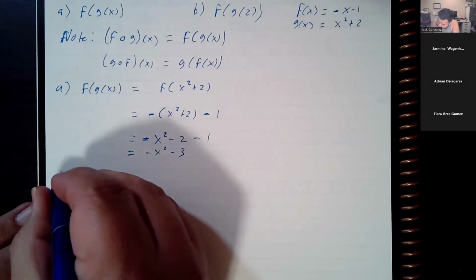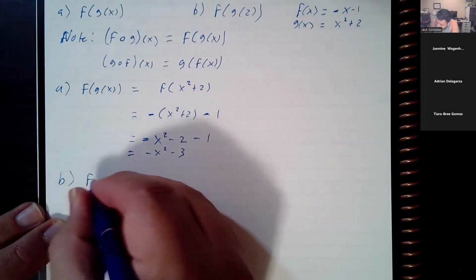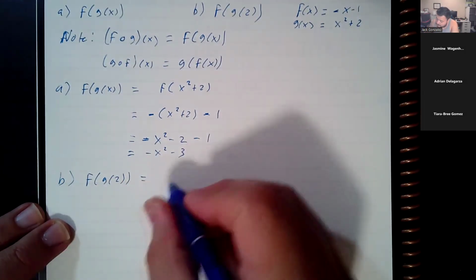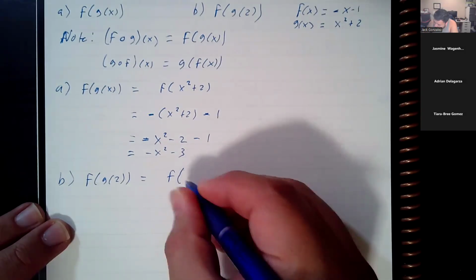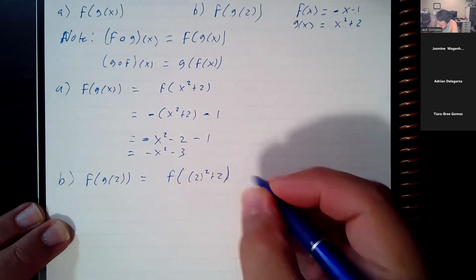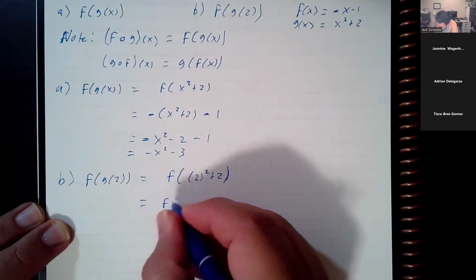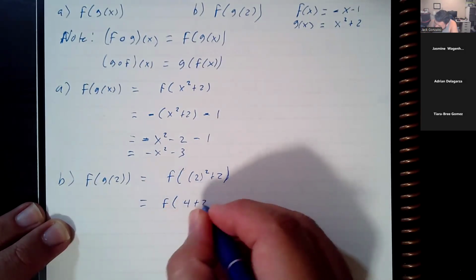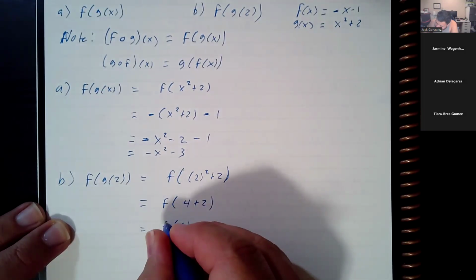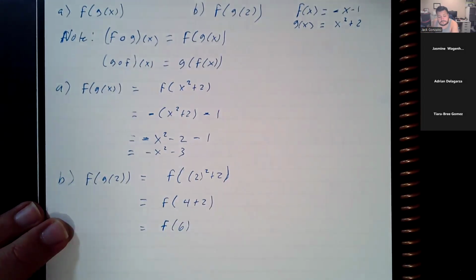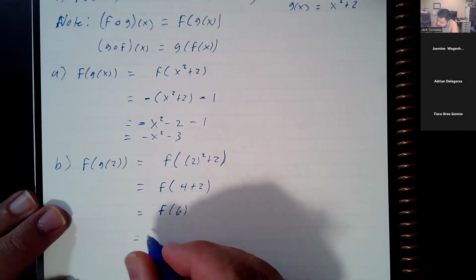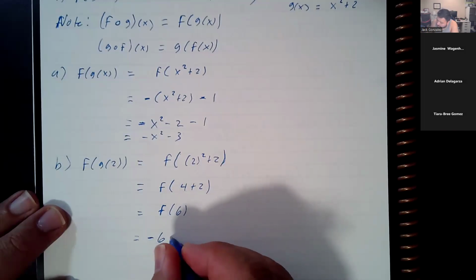But if you want to show the steps so you can see, f of g of 2 means f of 2 squared plus 2, which is f of 4 plus 2, which is f of 6. And f is negative x minus 1, so that would be negative 6 minus 1.